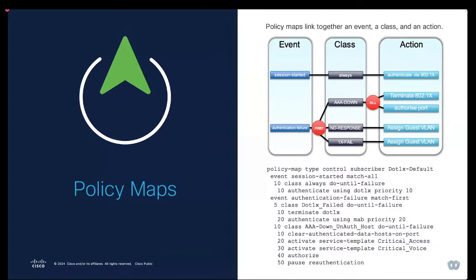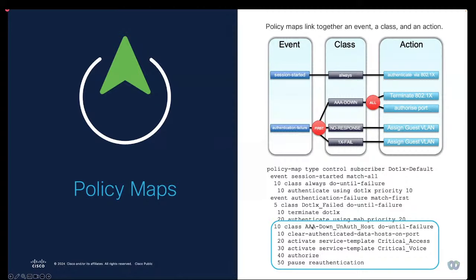Using our previous example of the unauth host, you'll notice as you go down this list, you have the policy map here, you have an event: session started, .1x, it fails. So we have the authentication failure. What are we going to evaluate? We're going to hit this class because this is going to match true. AAA is unavailable. The endpoint is unauthorized.